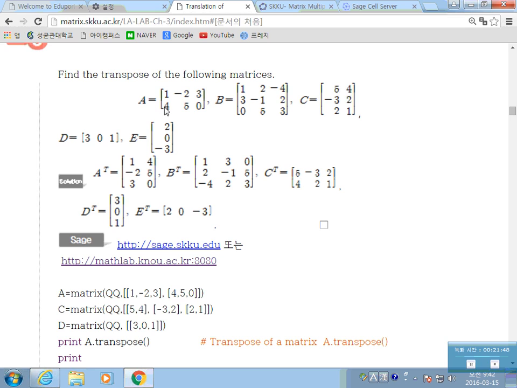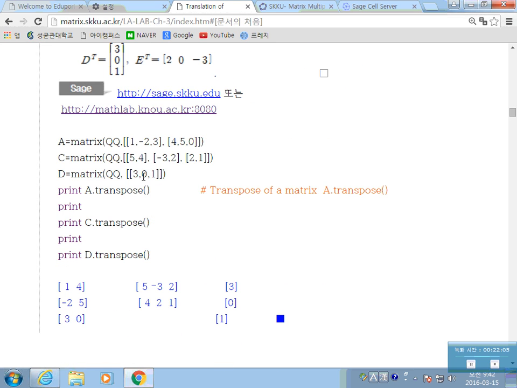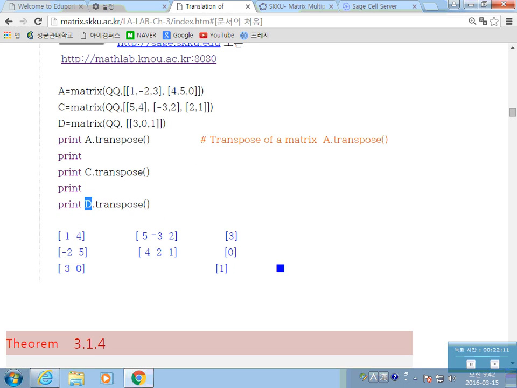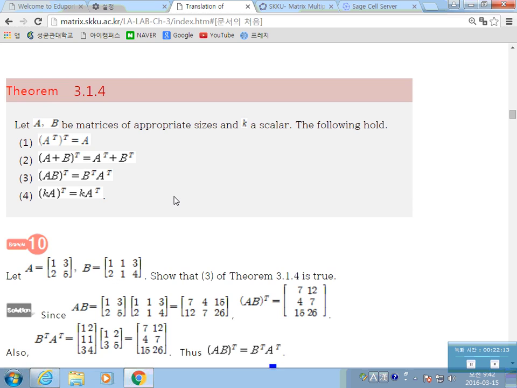If you have matrix A here, then A transpose is a 3 by 2 matrix, and 3 goes here, minus 2 goes here, like this. And C transpose is a 2 by 3 matrix, and 4 goes here, 2 goes here, and 1 goes here, like this. Okay? You can find the transpose this way. A transpose, D transpose, like this.